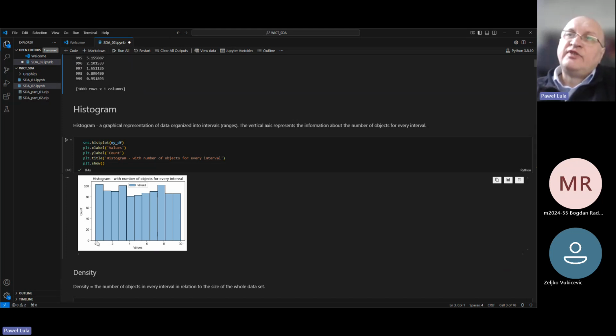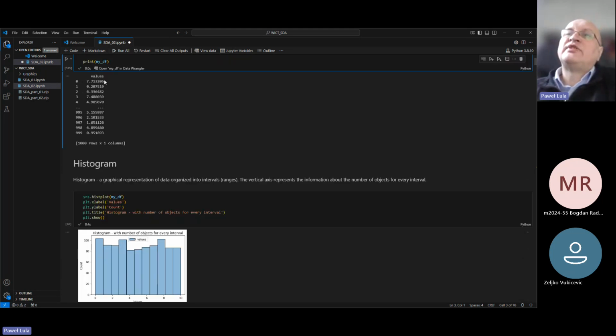And after it, this range from 0 to 10, we divide it into some equal intervals. In our case, it was divided into 10 intervals. So from 0 to 1, from 1 to 2, from 2 to 3, and so on. We have 10 intervals. And after it, we calculated how many values are in every interval which was defined.